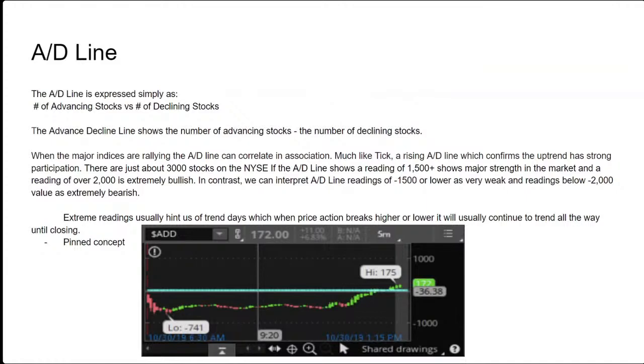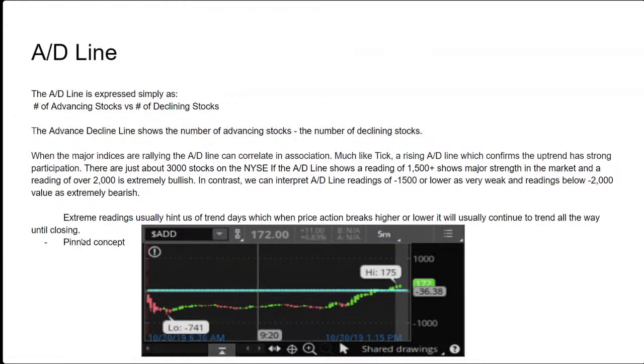Then we'll see a reversal in the market, and advanced decliners will give us a hint that we're having a reversal. We stayed weak from 1,000, but we start seeing some absorption at the lows, some buyers stepping in, some stocks recovering, and that will show us that most likely we're actually going to reverse this downtrend and potentially continue higher.